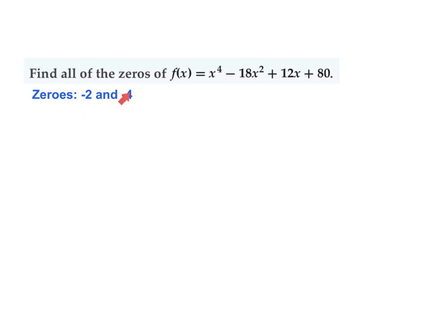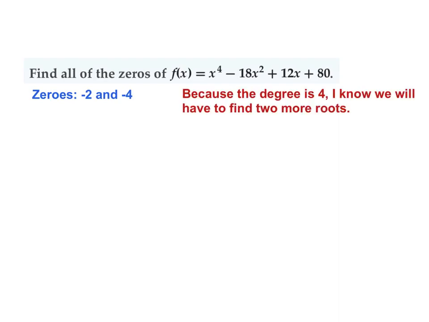When I do the division, it doesn't matter which order you do them in. I'm going to divide by -2, and I'll get a new polynomial. Then I'm going to take that new polynomial and divide it by -4, and I'll get another new polynomial. You want to divide by -2 first? Fine. You want to divide by -4 first? Fine. It doesn't matter.